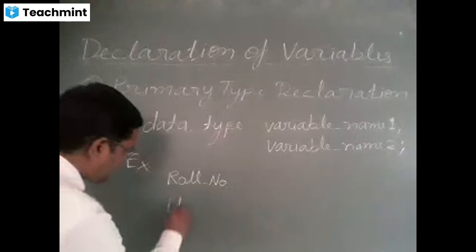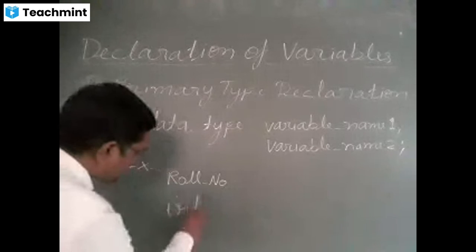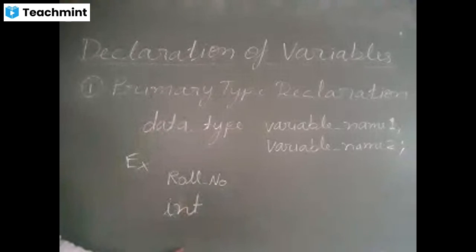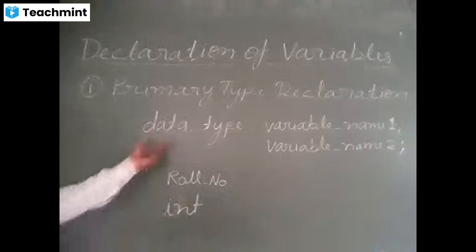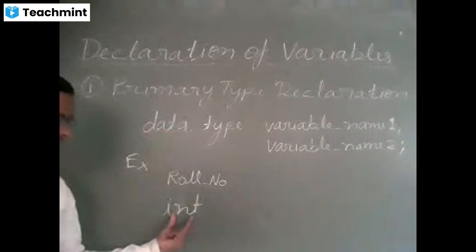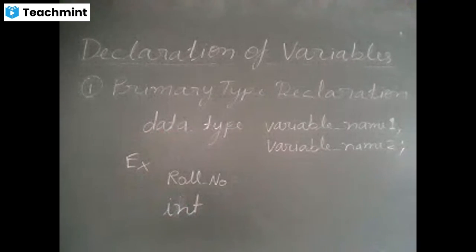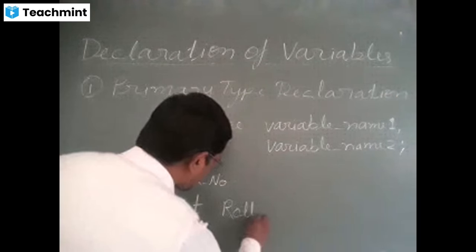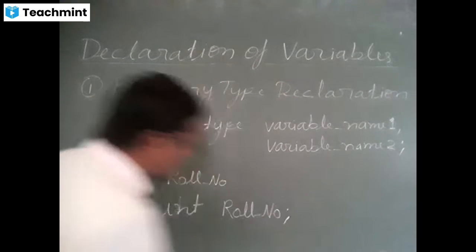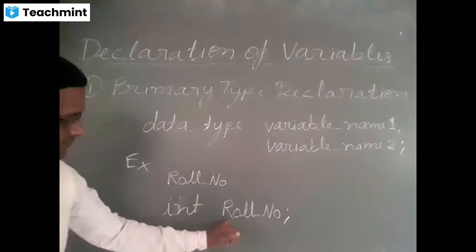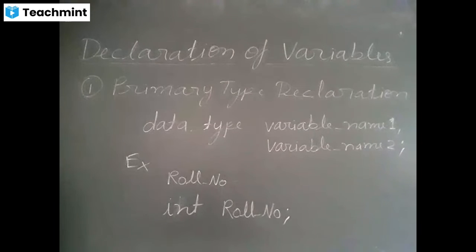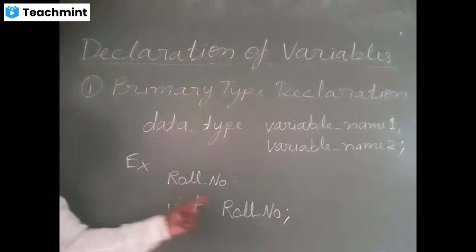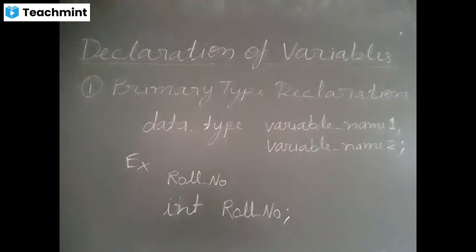So first write int. This int keyword tells the compiler which type of data is held by the variable, and after that write the roll number, and then a semicolon. One thing: in the name of roll number, uppercase and lowercase are different, meaning the variable name is case sensitive.